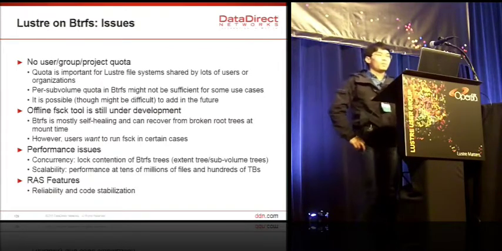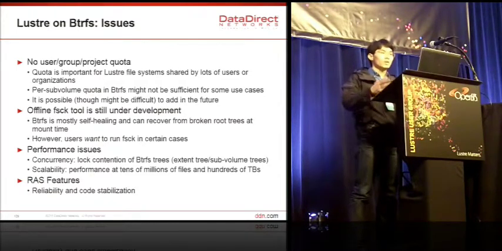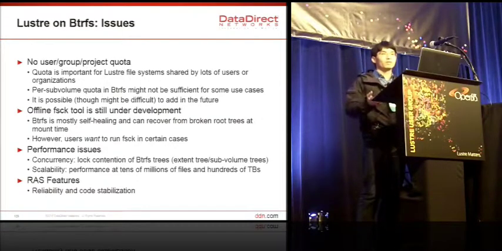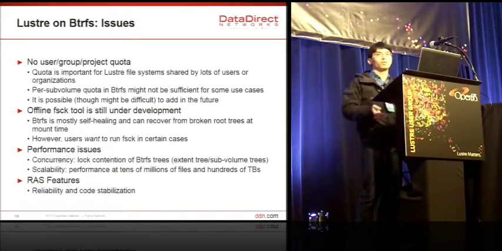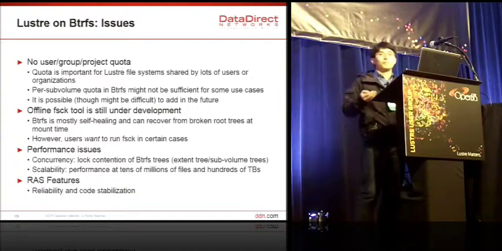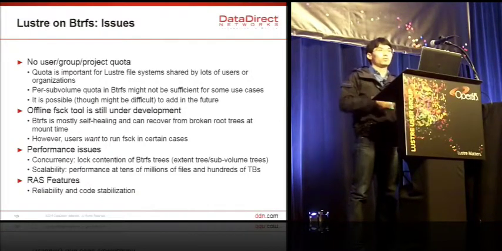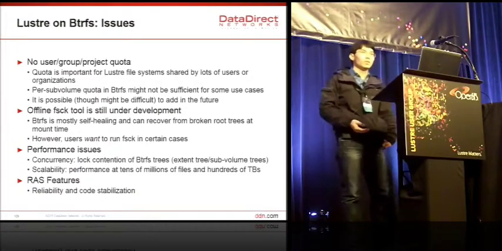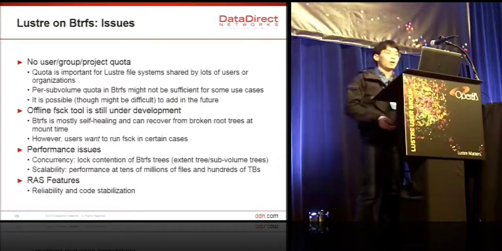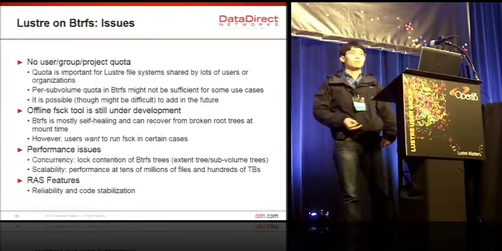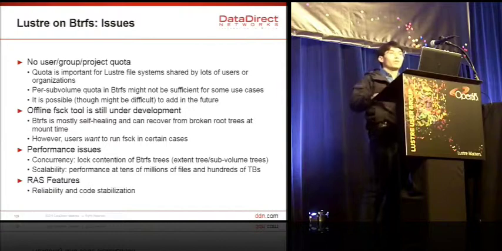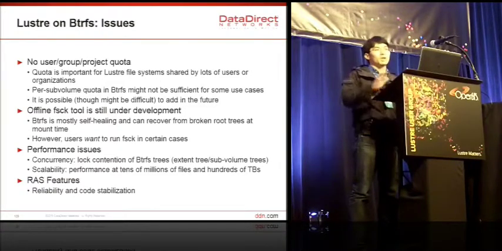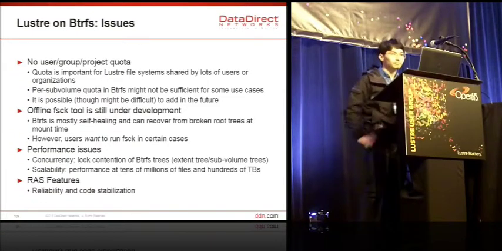Another problem is that we need to make sure whether the performance of Btrfs is enough for the OSD. We need to check the concurrency, we need to check the scalability, and of course, we need to check whether the reliability of Btrfs is enough. We need time to prove Btrfs is stable enough.